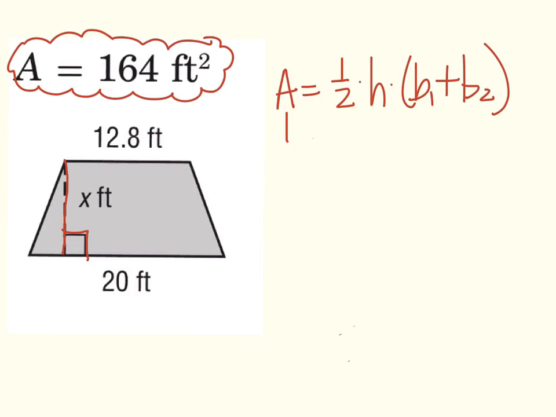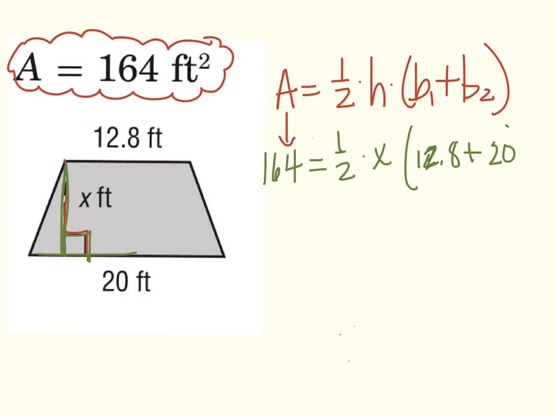Because if you don't, you're going to plug numbers in incorrectly. Do I know my area? It is 164. Equals 1/2 times, what's the height? The height is right here, perpendicular to the base, and we don't know it, it's x. Times base 1, doesn't matter which base, you can use either one of them, is 12.8 plus 20.